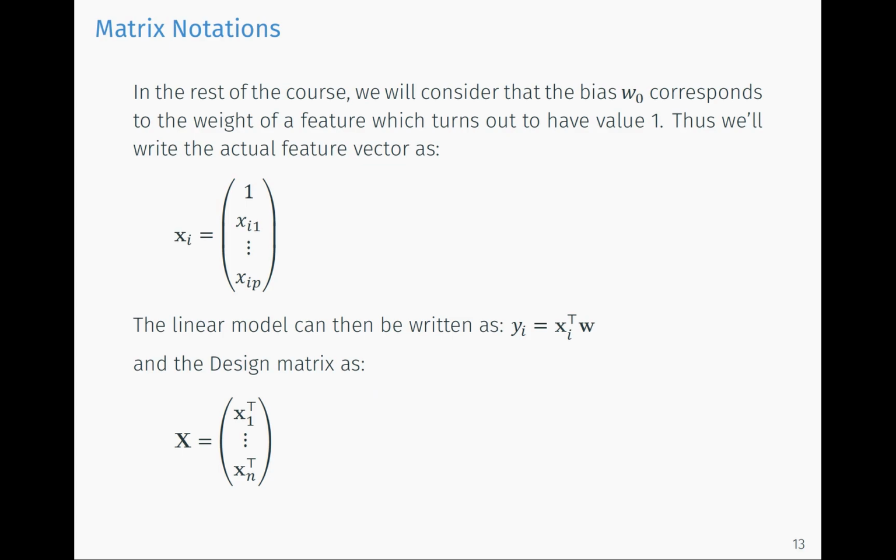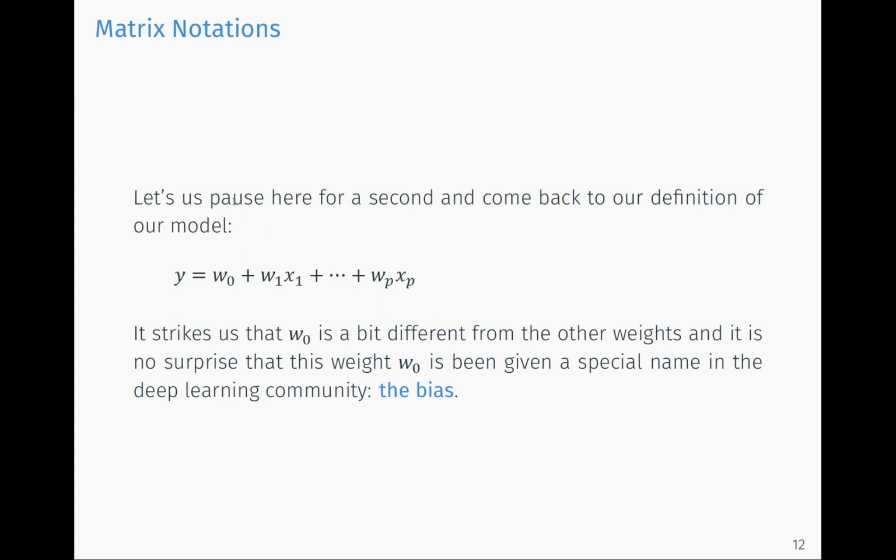So the way I've done it for the rest of the handouts is to consider that when I say my feature vector, I also include a 1. So W0 is the coefficient that corresponds to a feature which happens to be 1. It's an artificial construct, but it allows me to say that all my W's are the same thing, they're all just my coefficients, and my features are x1 to xp, but also 1.